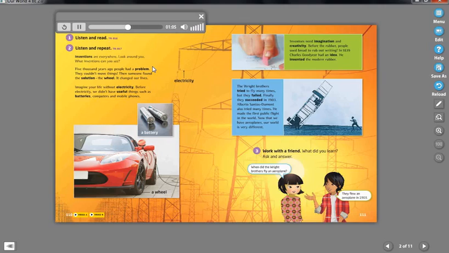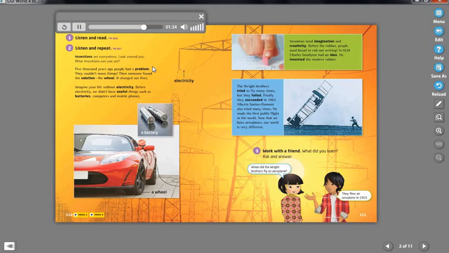Imagination. My sister writes great stories. She's got a lot of imagination. Creativity. To invent things, you need creativity. An idea. That was a good idea. Invent.